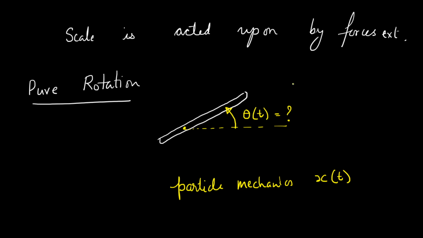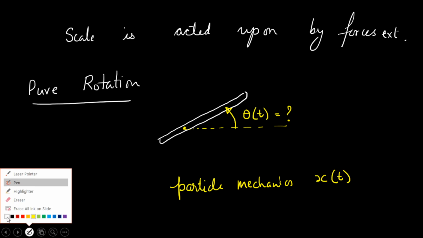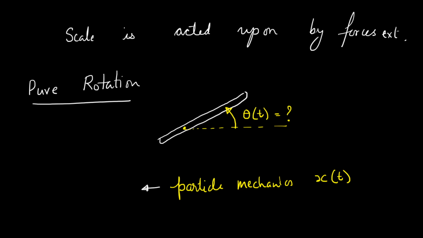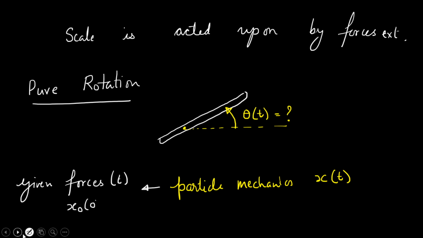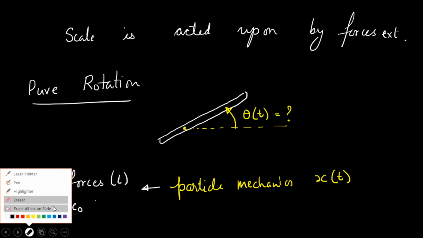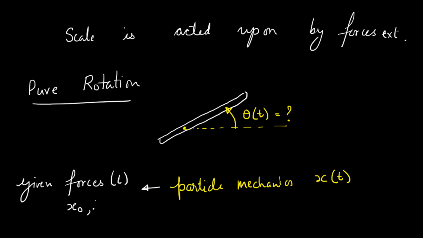Now, given what? So, for example, in particle mechanics, we were given the forces as a function of time, and we were given the initial position, which we would call x0, and then also initial velocity v0.